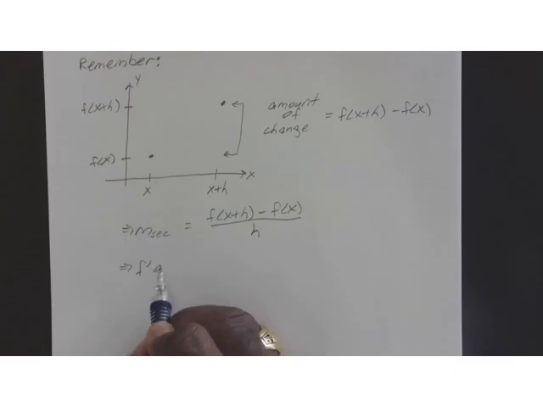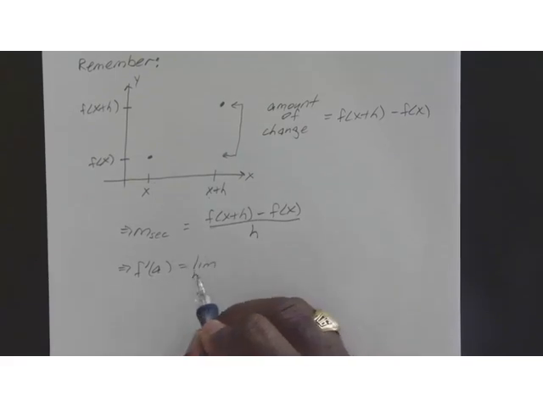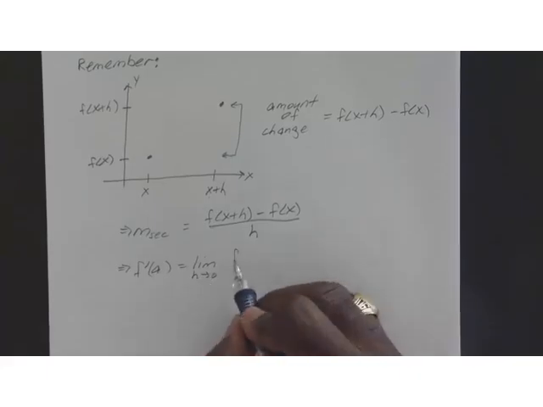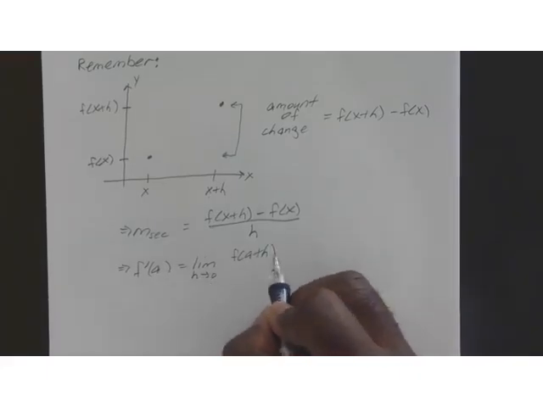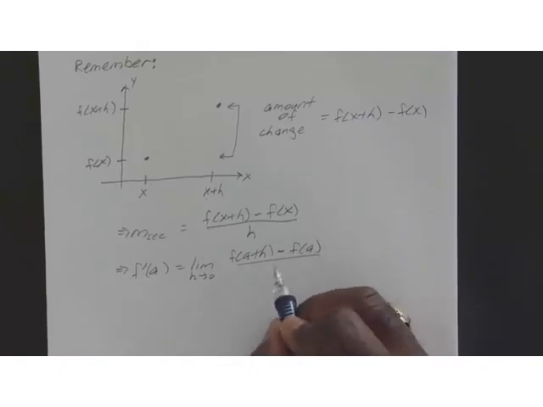And we know the rate of change at some value a is our first derivative, which is the limit as h approaches 0 of f of a plus h minus f of a all over h.